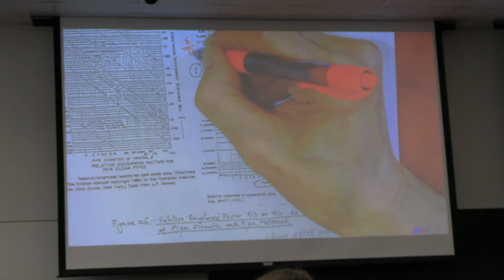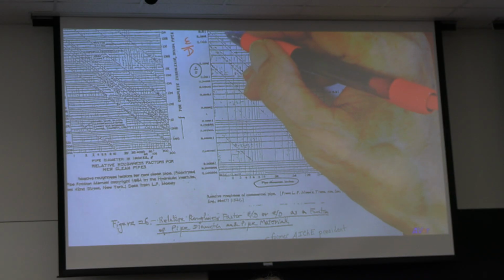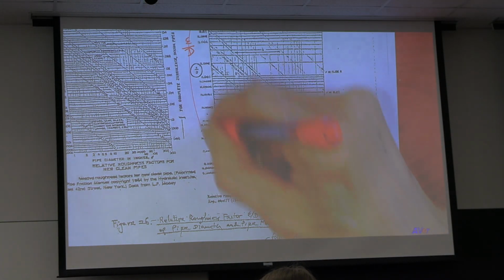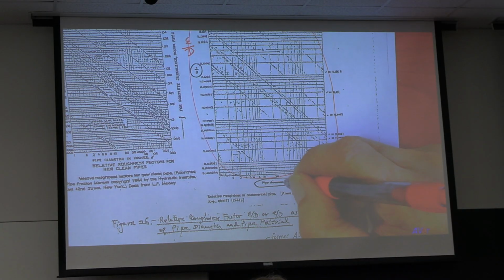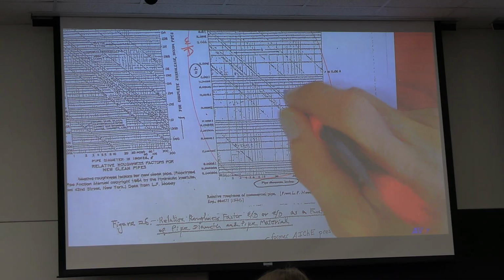Epsilon divided by D: roughness of pipe, and this is the pipe diameter. A clearer graph for you.